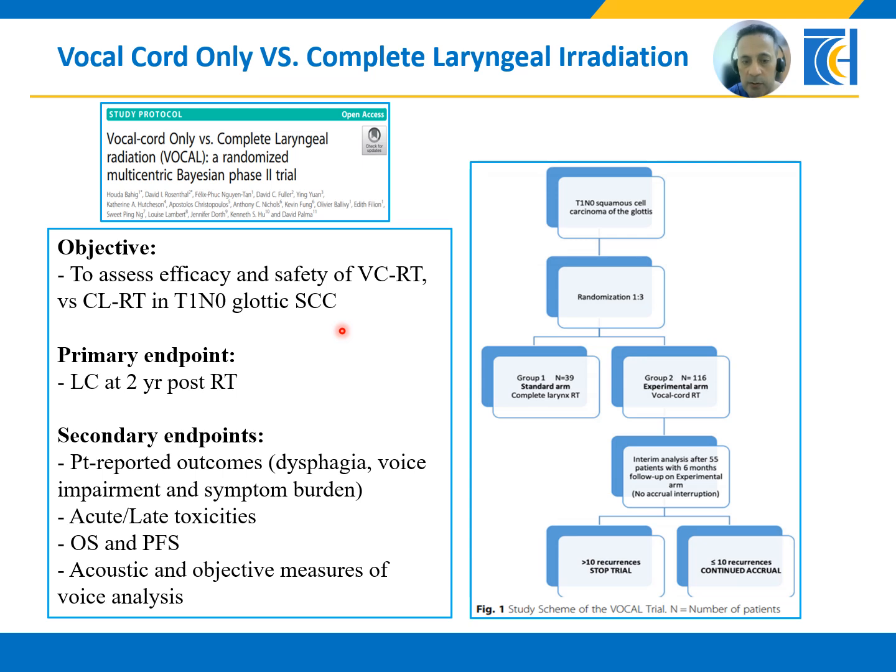The primary endpoint is local control at 2 years post-radiation treatment, and this trial has many secondary endpoints that also focus on function post-vocal cord irradiation versus complete laryngeal irradiation. So hopefully we will learn from this trial in the near future, and hopefully this trial will set vocal cord irradiation as a standard of care radiation technique for T1N0 glottic SCC.